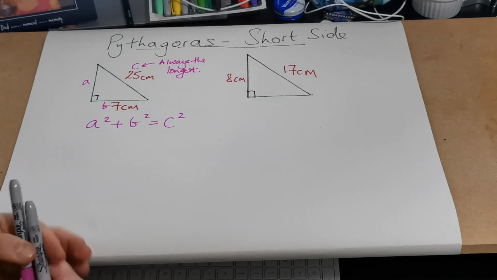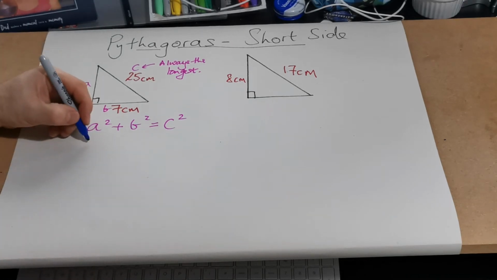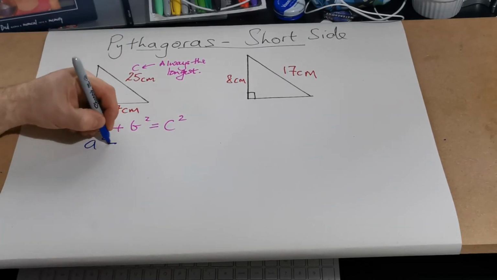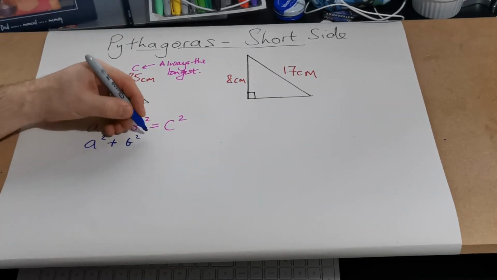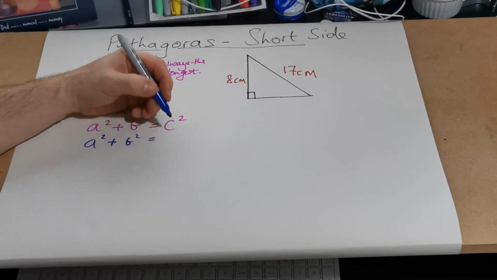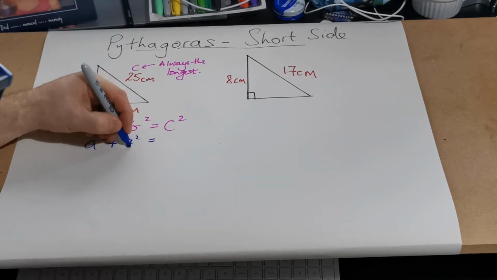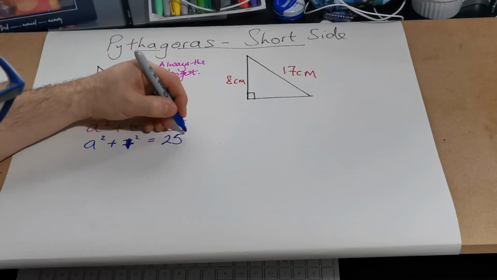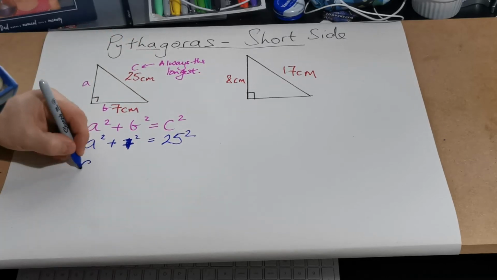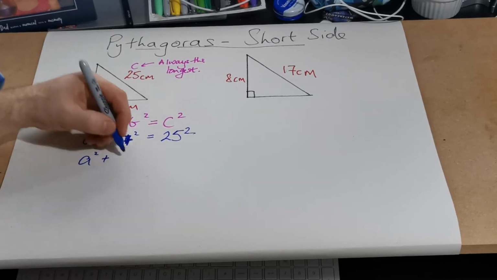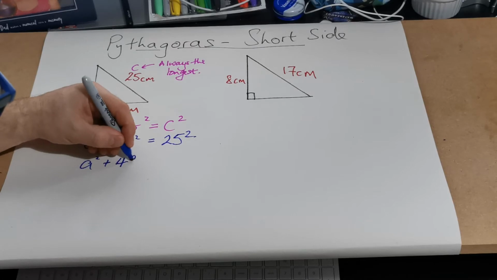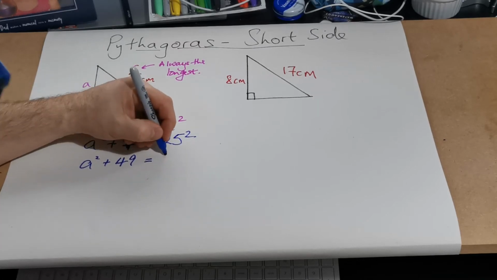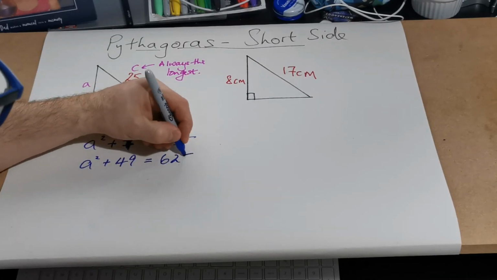So I'm going to move into the next phase of the question, putting my numbers into the right places. A squared plus B squared equals, A squared plus 7 squared, got carried away with myself there, is equal to 25 squared. So then work out what I know. A squared plus 49 is equal to 25 squared is 625.